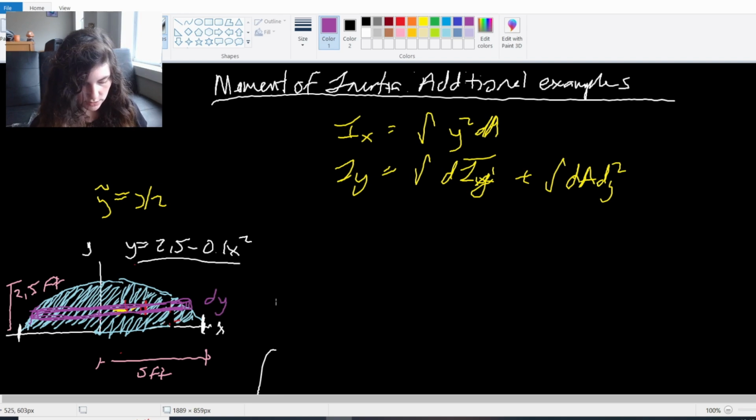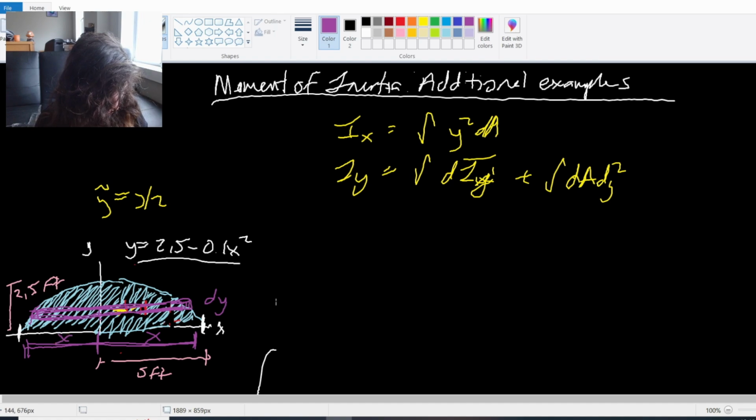So let's look at the components that we need, right? I need dA. So my dA in this case, we know the height is dy, but the width here is this entire length, right? We know the length from the y-axis to here is x. But notice it also goes the same in the other direction.